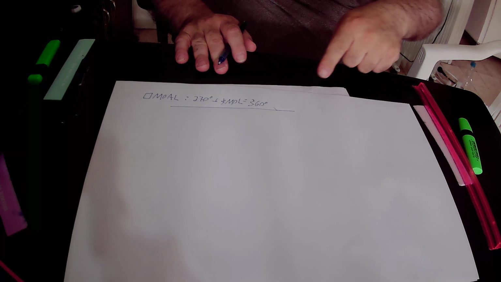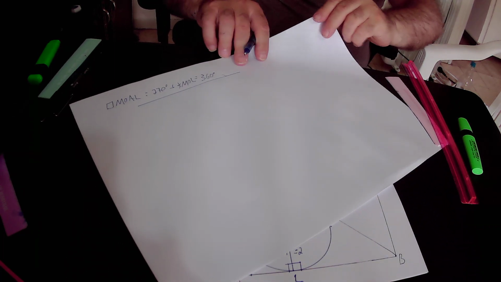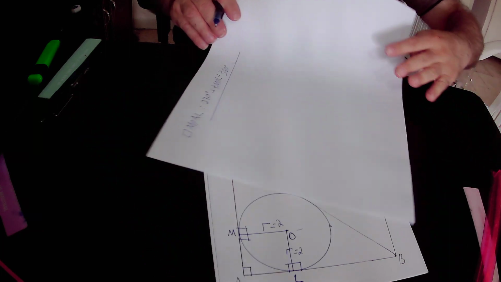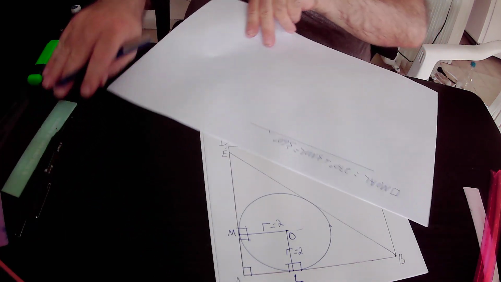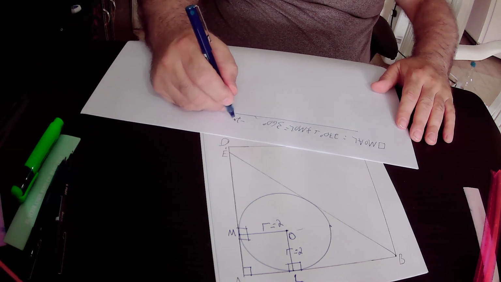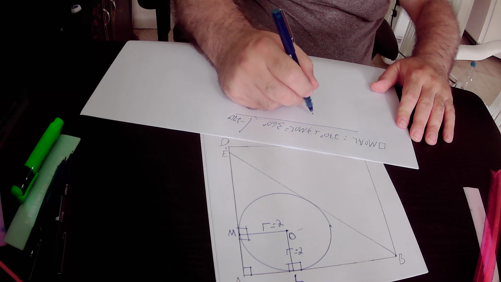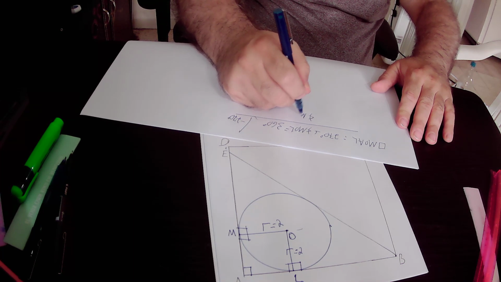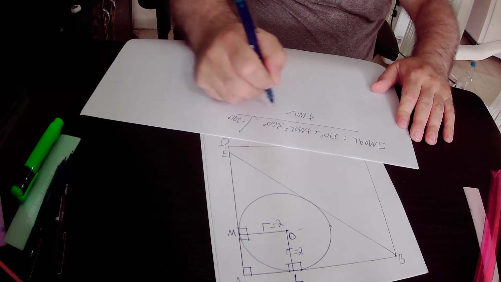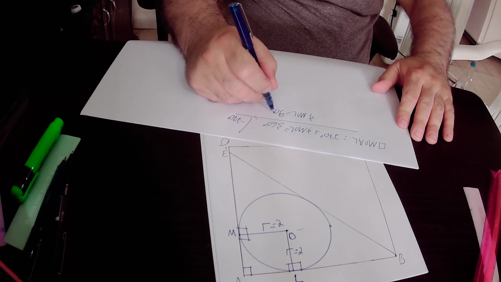Here we'll subtract 270 degrees from this equation, and we'll get that the missing angle, angle MOL, is equal to 360 degrees minus 270 degrees, which is equal to 90 degrees.